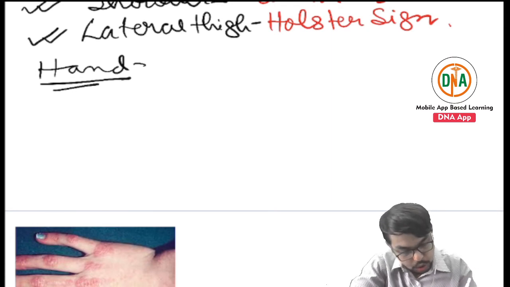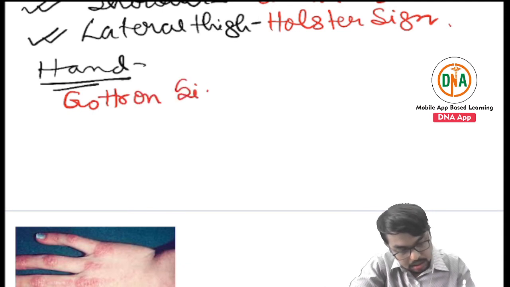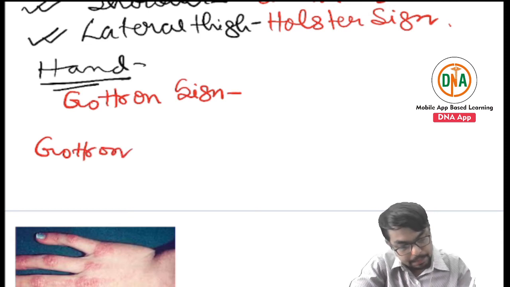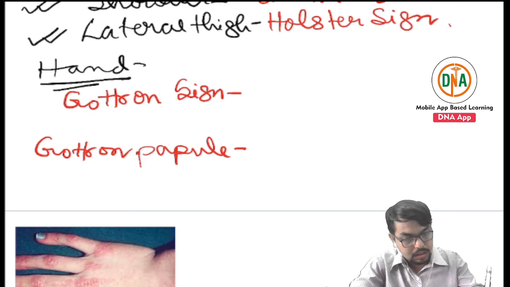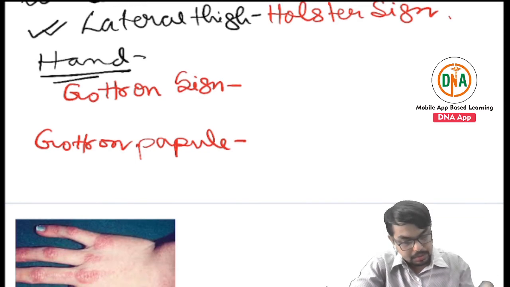One is Gottron sign, another is Gottron papule. What is Gottron sign? What is Gottron papule?